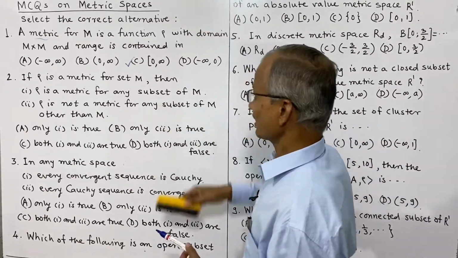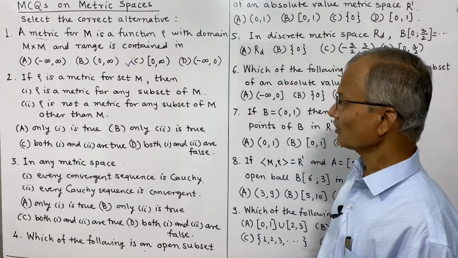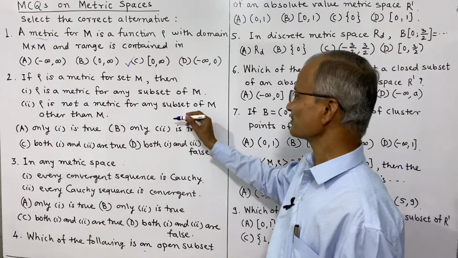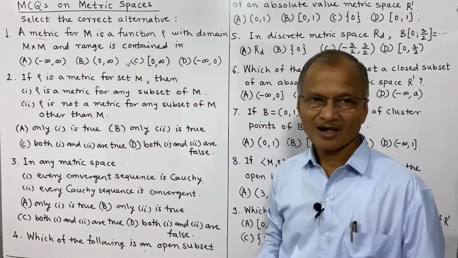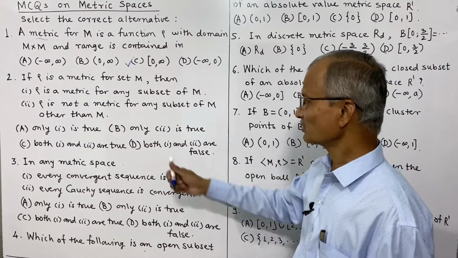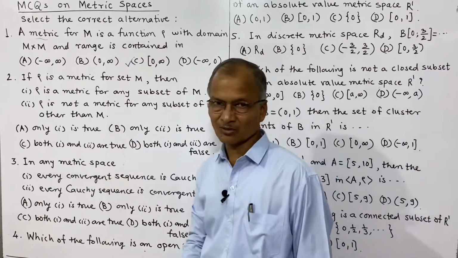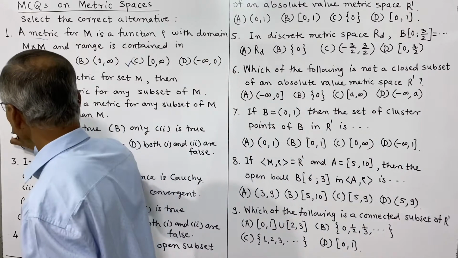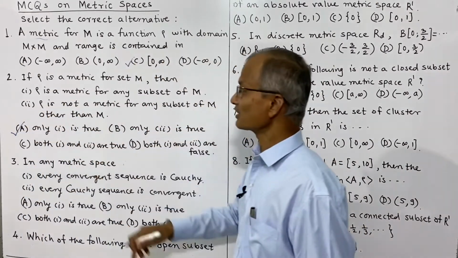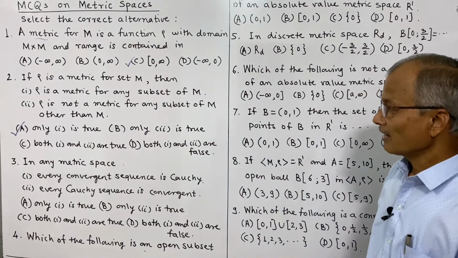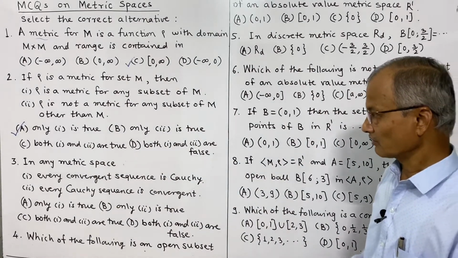Now what about the second? Rho is not a metric for any subset other than M is a negation of this, so the second is not true, and that means only 1 is true. So A is the correct alternative for the second question.